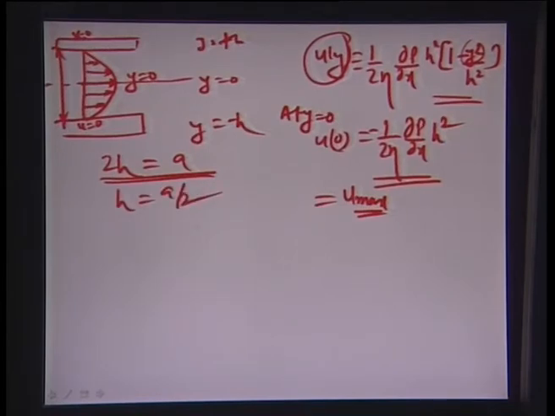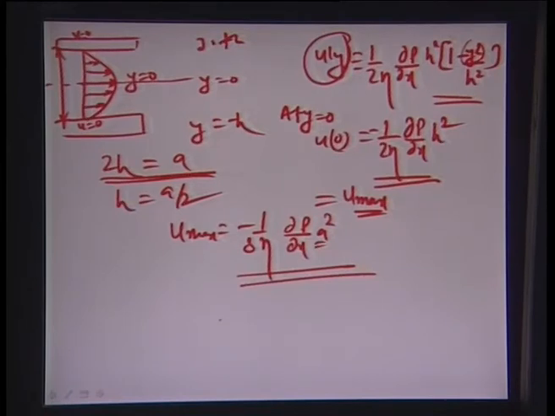In that case the u max would just be written differently as 1 by 8 eta del p by del x times the square of a, where a is the diameter. Okay. So a circular cross section of diameter a would essentially give a u max which is equal to minus 1 by 8 eta del p by del x into a square. Okay. a is the diameter of this particular capillary.